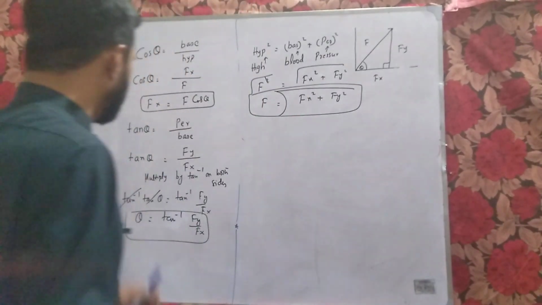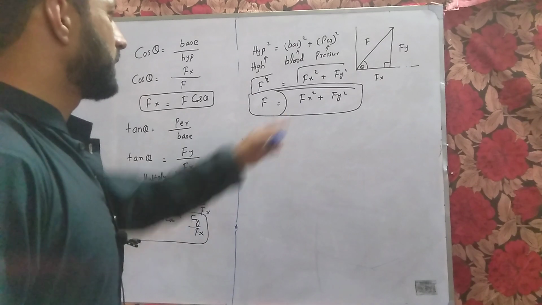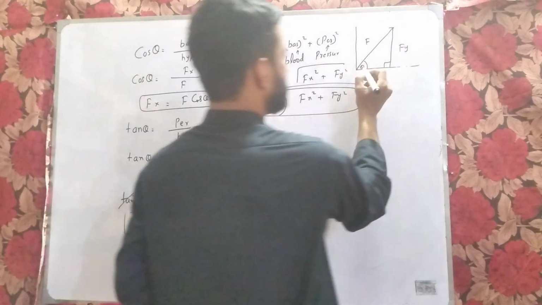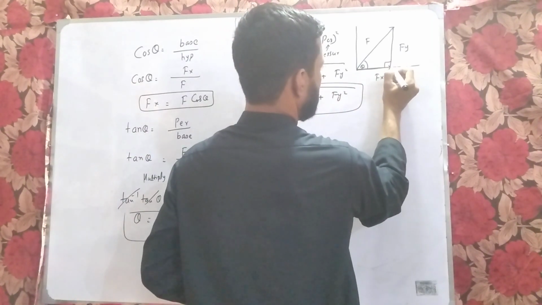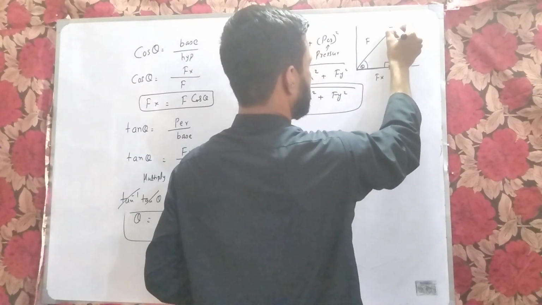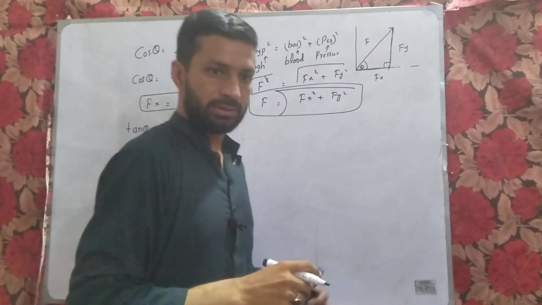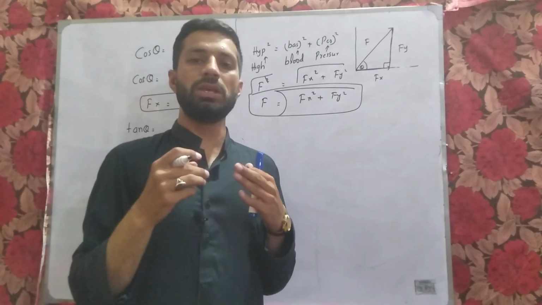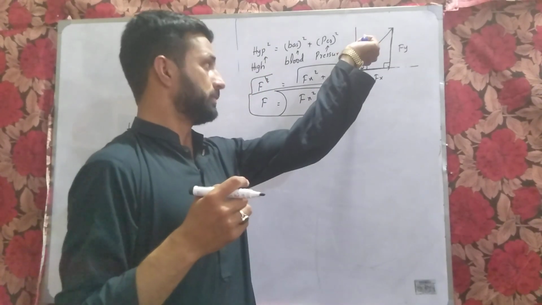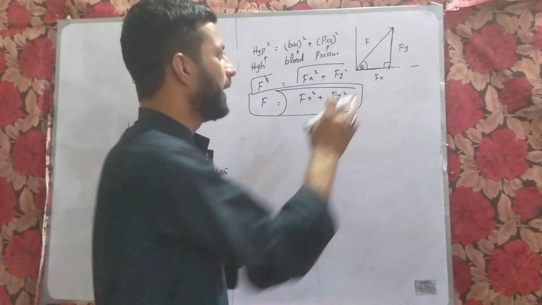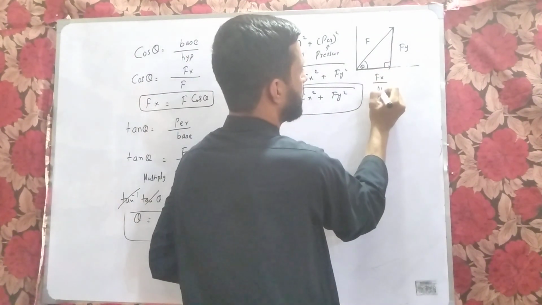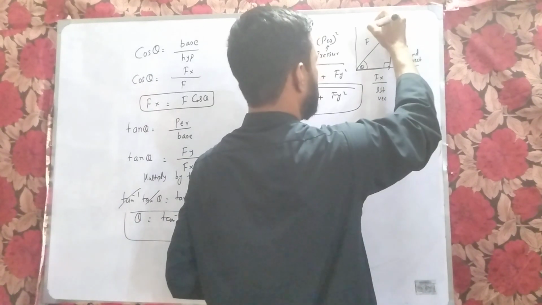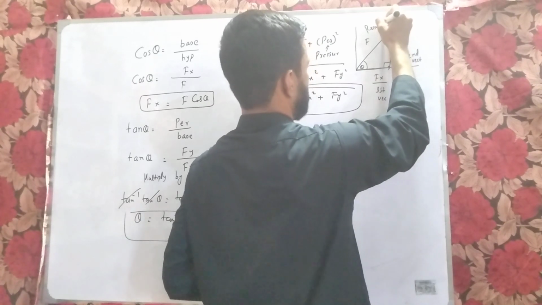We can also find this by another method. This is the first vector, this is the second vector, and this is the resultant. The sum of the individual vectors is equal to the resultant vector. By the head to tail rule, this is the first vector and this is the second vector, and when added, this is the resultant.